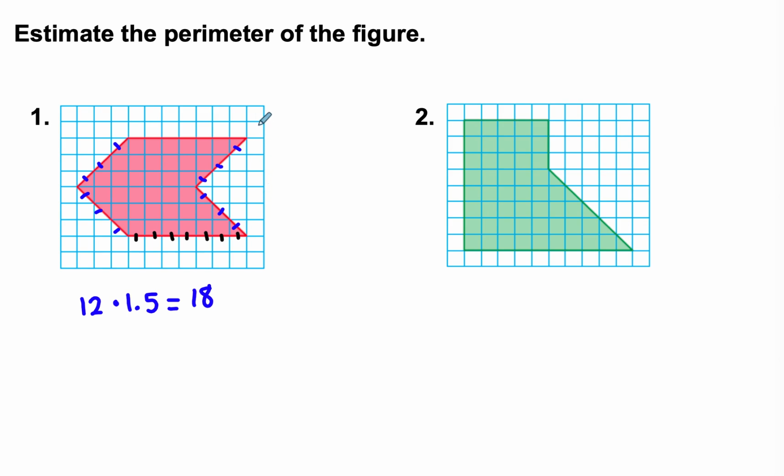Don't forget to count that part. 8, 9, 10, 11, 12, 13, 14. So I have 18 worth of length for my 12 diagonals, and then I have 14 for my straights. So that's going to give me a total of 32 units.